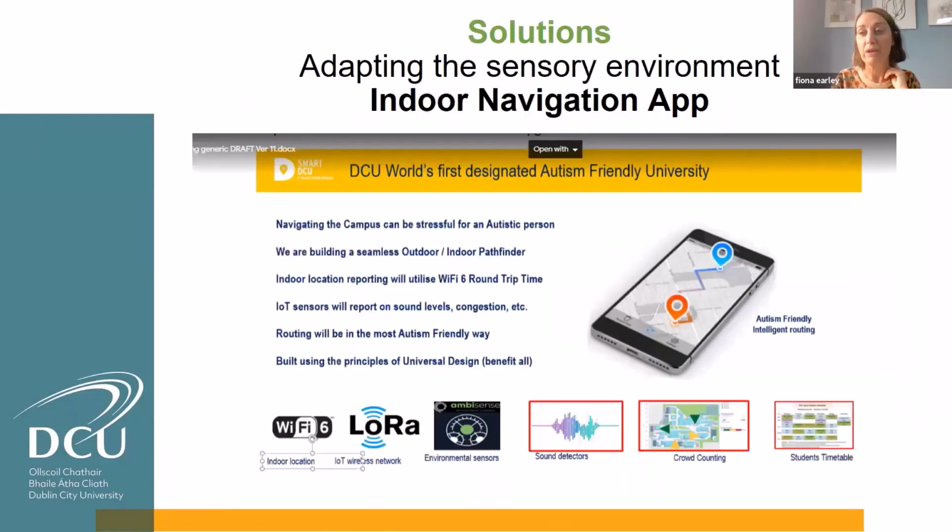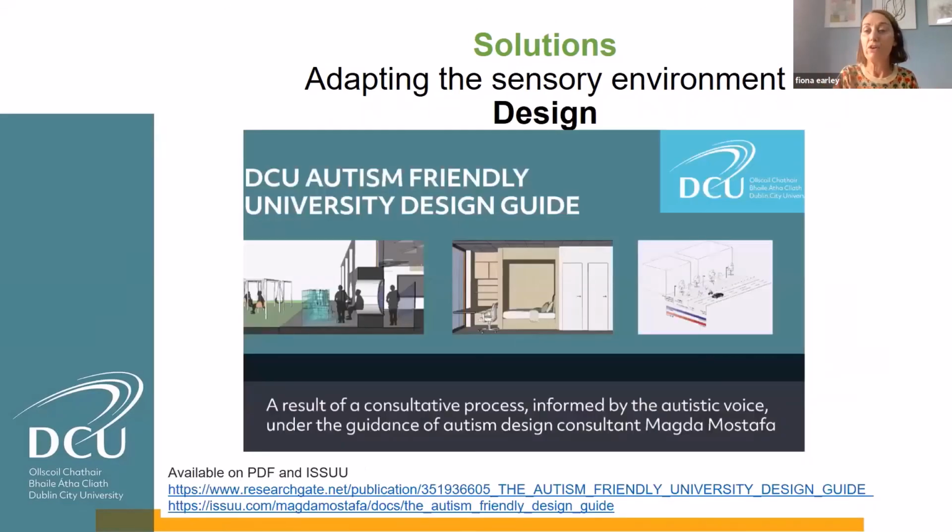We are developing an indoor navigation app, because transitioning from one place of campus to another can cause massive stress. So this app will be like Google Maps, but it will bring you indoors and it will bring you the quietest route. We have also just released, and I have the link there for you all, a guide for builders and planning going forward.